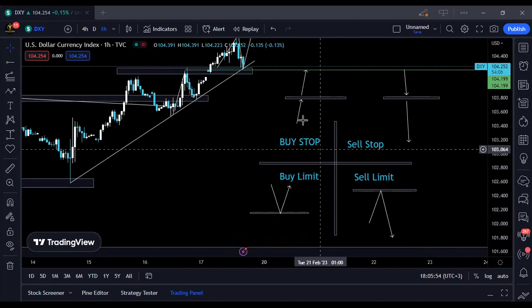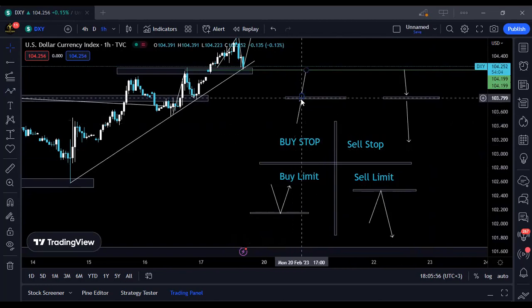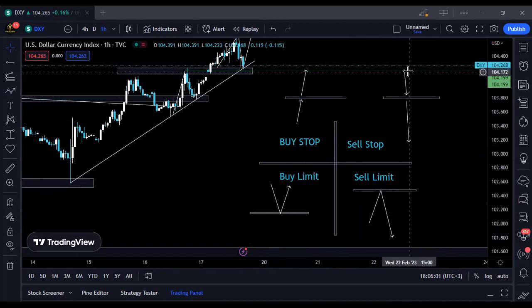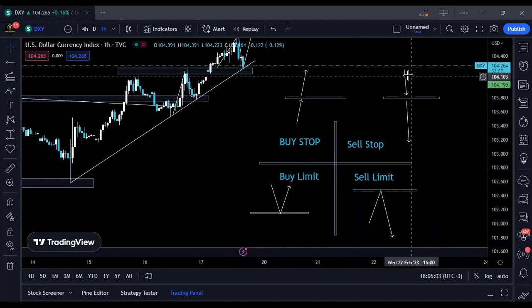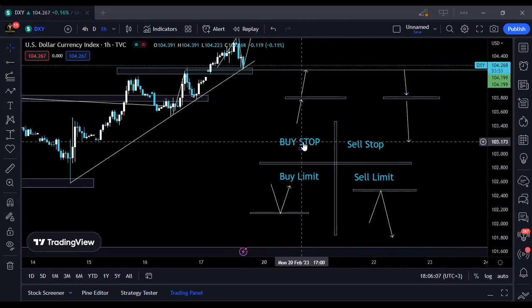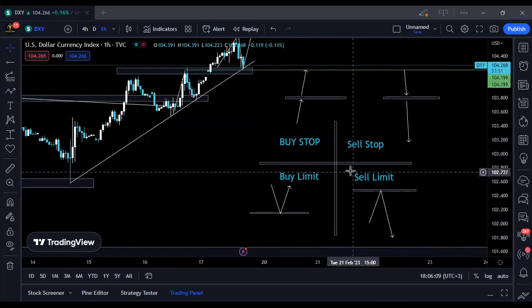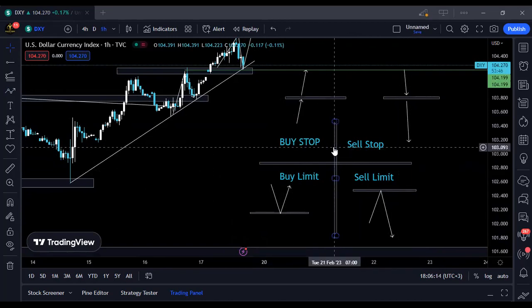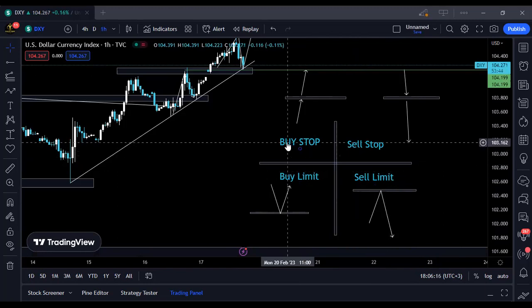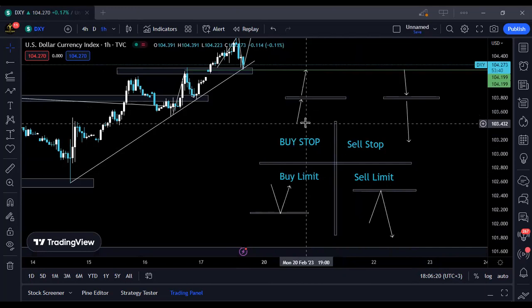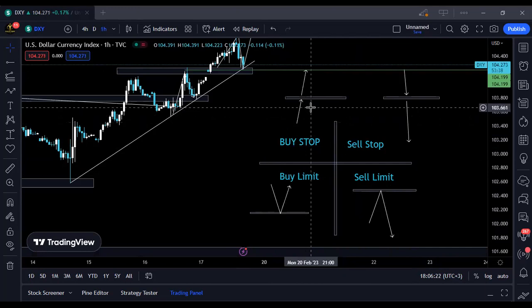You have a buy stop where prices have to be below the place where you're placing the buy stop. Sell stop, prices have to be above where you're placing the sell stop, where you believe if prices reach there, they'll continue going lower. So the difference between limit orders and stop orders is that with stop orders, you believe the prices will keep on going in the same direction once they reach a certain point.